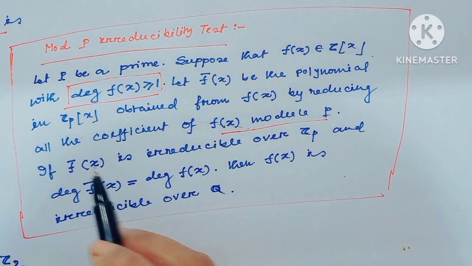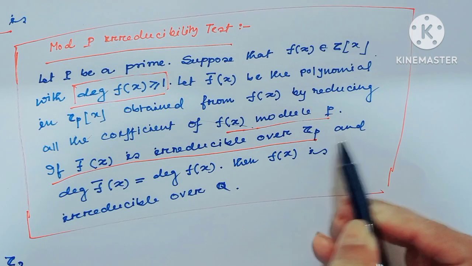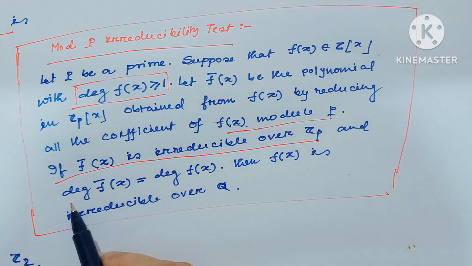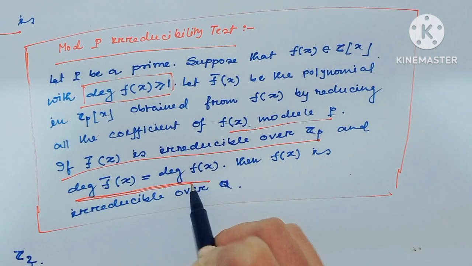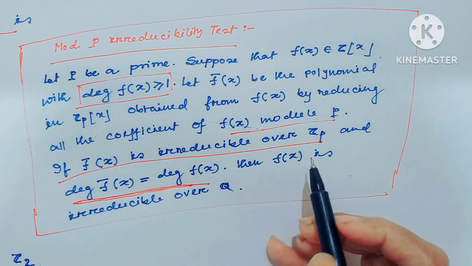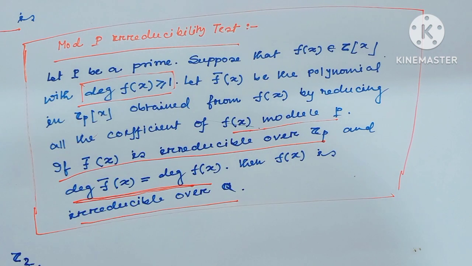If f bar(x) is irreducible over Zp and the degree of f bar(x) is equal to the degree of f(x), this condition is very important, then we can tell f(x) is irreducible over Q.